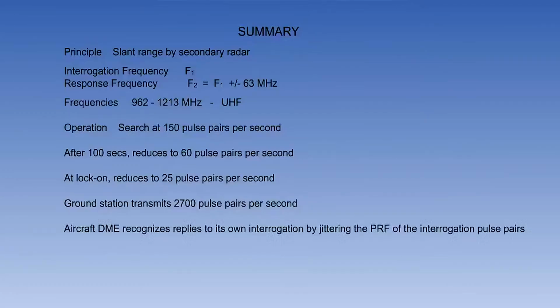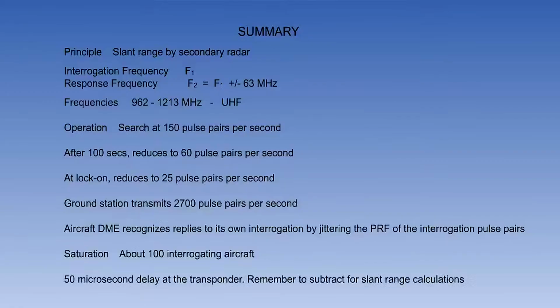The aircraft DME recognizes replies to its own interrogation by jittering the PRF of the interrogation pulse pairs. The system saturates if more than about 100 aircraft interrogate simultaneously. The weakest signals are discarded as the transponder gain is reduced. There is a 50 microsecond delay at the transponder.